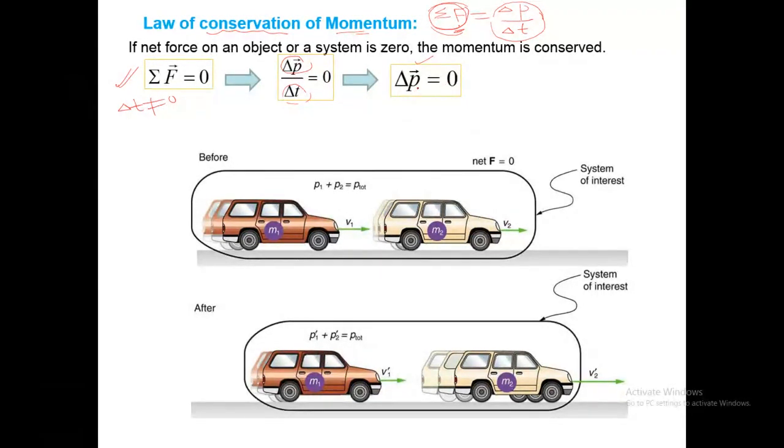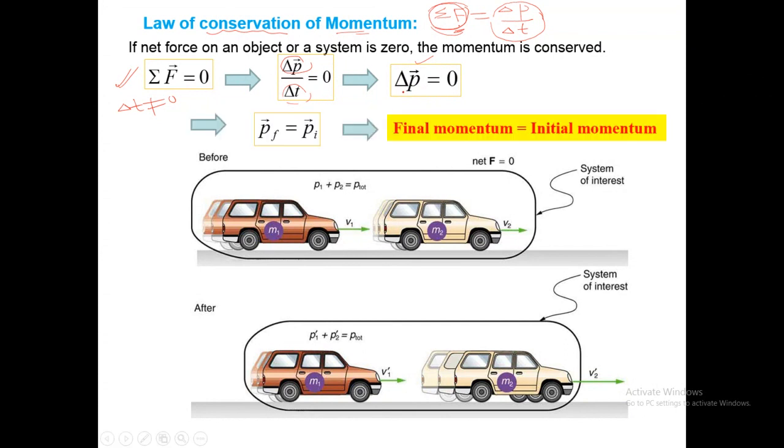If you have a difference between two quantities and it is 0, it means initial and final are the same. Delta P means final minus initial is equal to 0. If I take it to the other side, it becomes positive. So that's why I'm writing here that final momentum is equal to initial momentum.